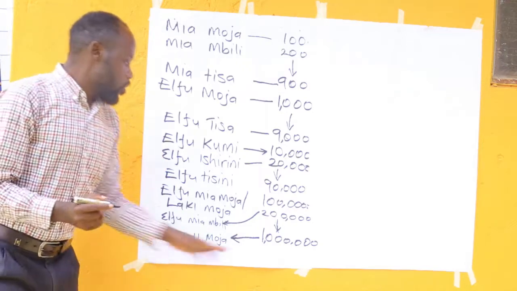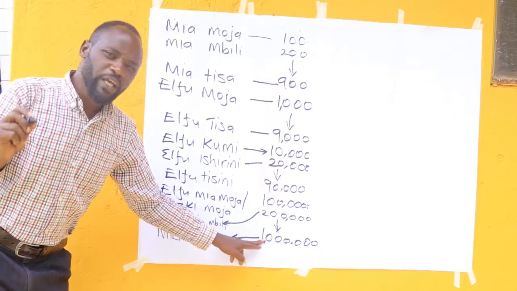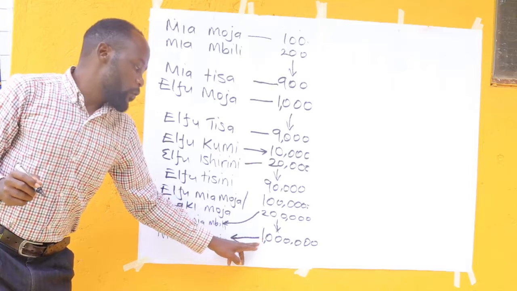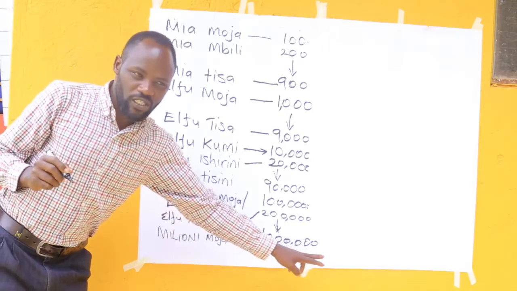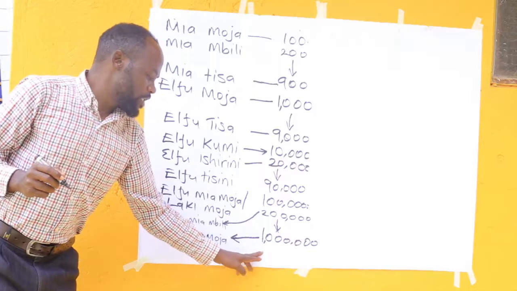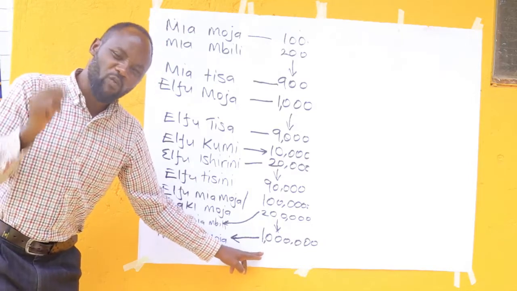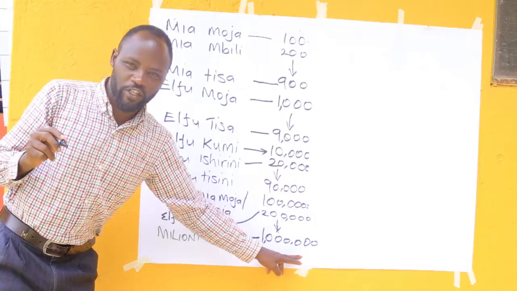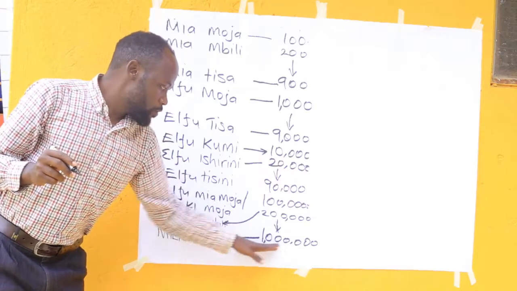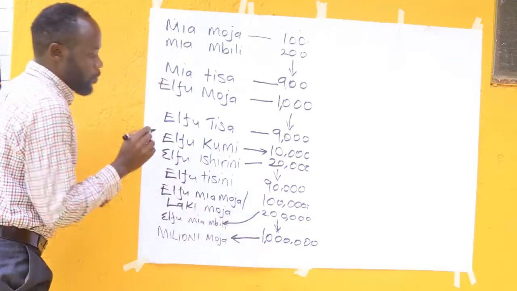So, here we can have milioni mbili, we can have milioni kumi if we have 10 with 6 zeros in front of it. We can call it milioni mia moja if we have 100 with 6 zeros in front of it. So, for counting, we are going to stop at 1 million.